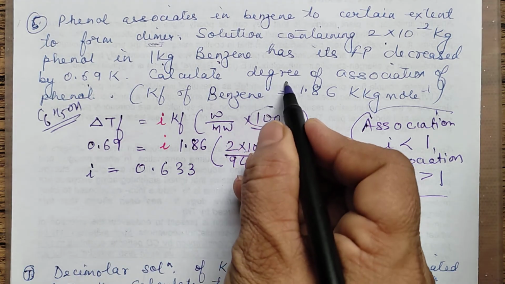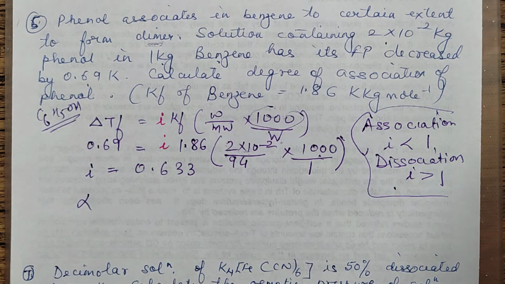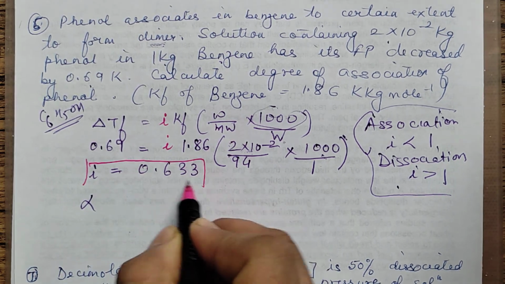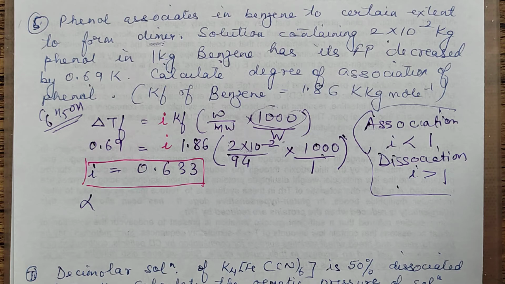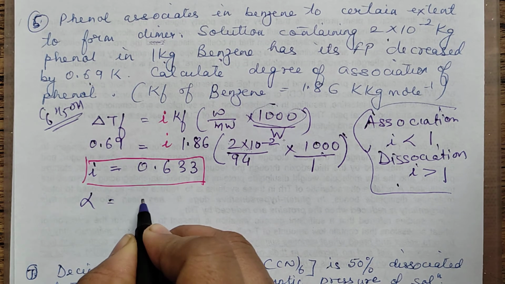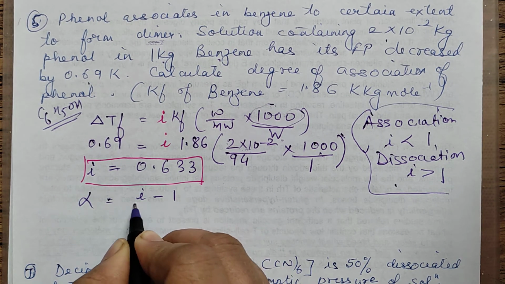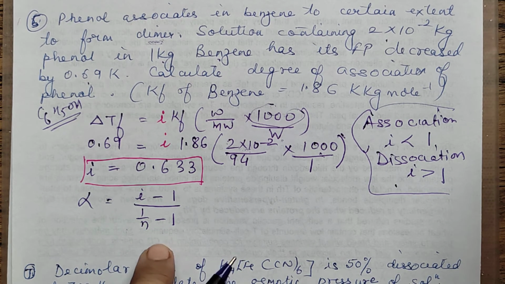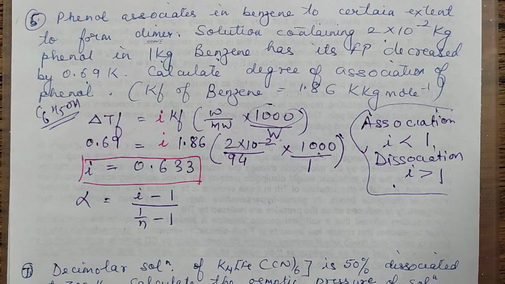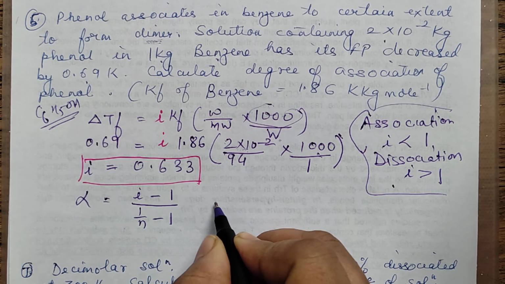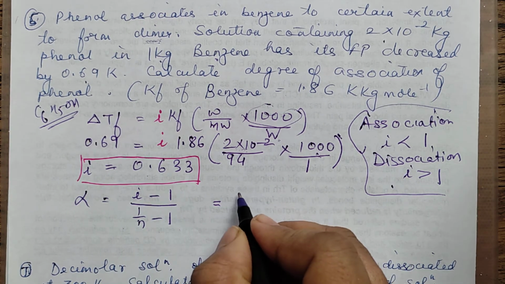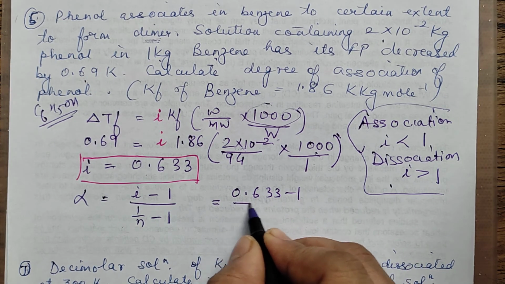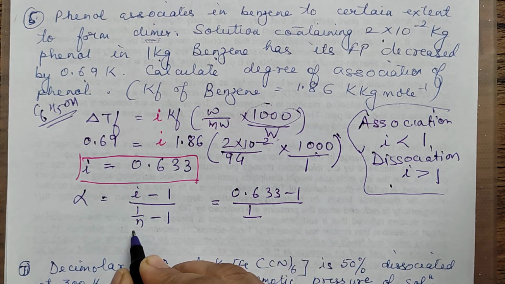Now they are asking you to calculate alpha also. So let me put this i value in the box, the Van 't Hoff factor we have calculated. Now alpha is equal to (i minus 1) by (n minus 1). The derivation of this formula I have discussed in my videos. So what is alpha? i we know is 0.633, minus 1, divided by 1 by n minus 1. Now what is this n?